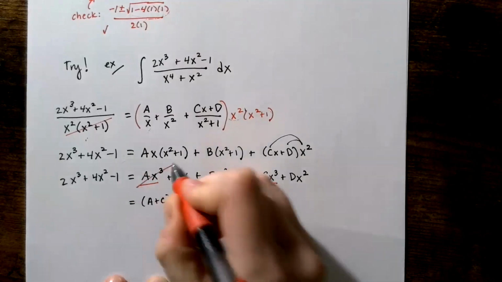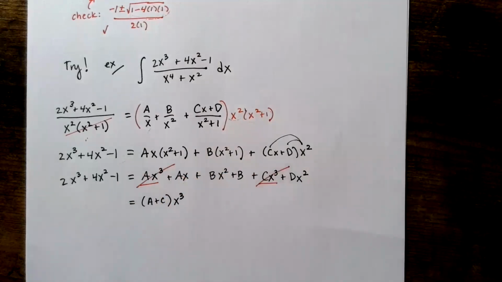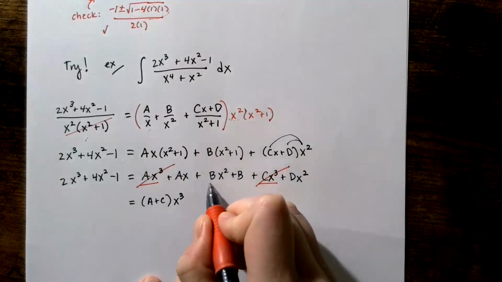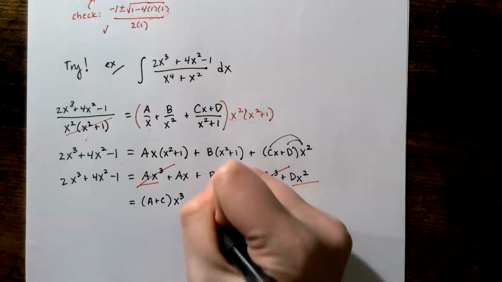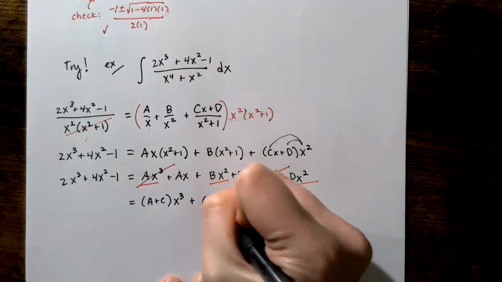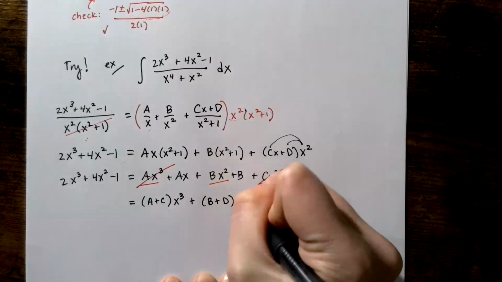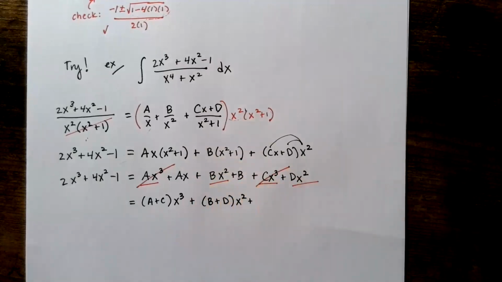Okay, so now these are taken care of, I'll cross them out, and say, okay, the next power down is x squared. This guy has an x squared, and so does this one. So I'll put them together as b plus d x squared. Okay, so now they're both accounted for. I'll cross them out.